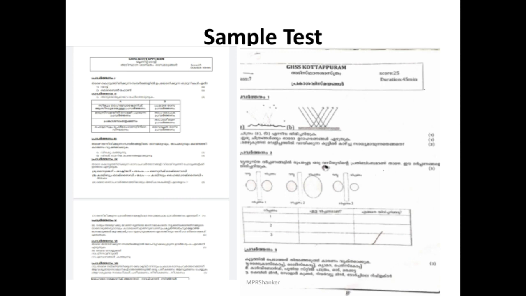The test paper should have the name of the school, the name of the test, whether it is a unit test, class test, or quarterly examination. It should have the standard, maximum score, duration, etc. We can also include instructions for the students.